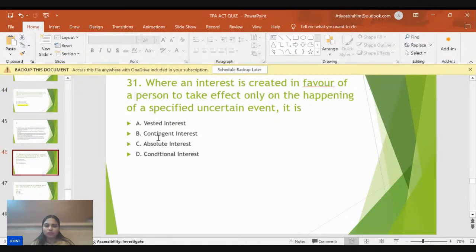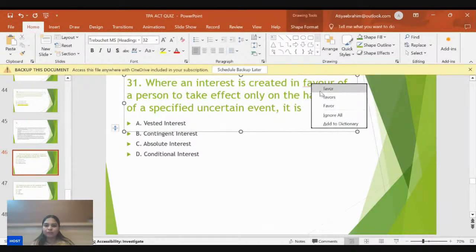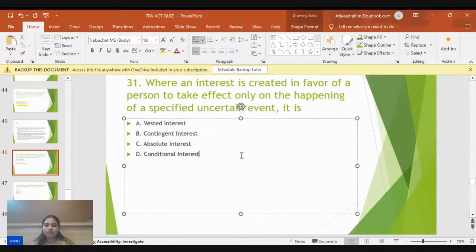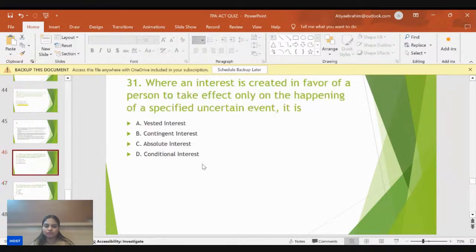Come to 31. Where an interest is created in favor of a person to take effect only on happening of a specified uncertain event, it is vested, contingent, absolute or conditional. You tell me, what will be the answer to question number 31?